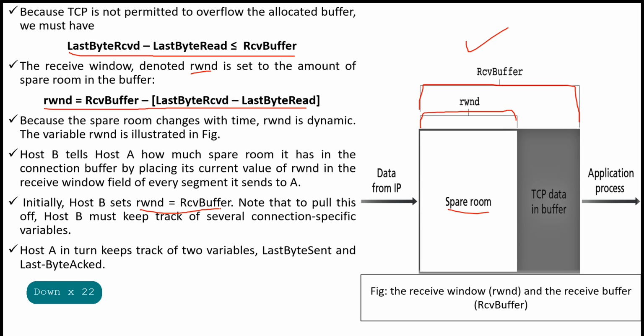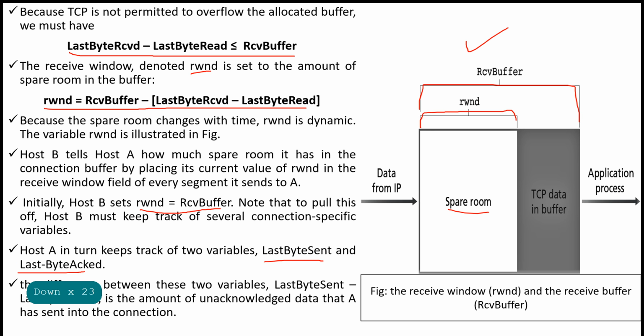Host A, in turn, keeps track of two variables, last byte sent and last byte acknowledged. The difference between these two variables, last byte sent minus last byte acknowledged, is the amount of unacknowledged data that A has sent into the connection.